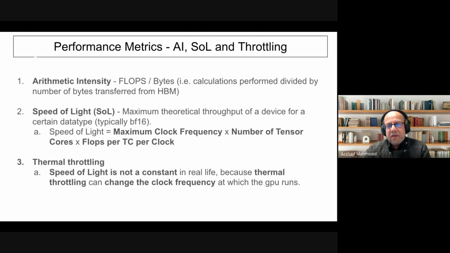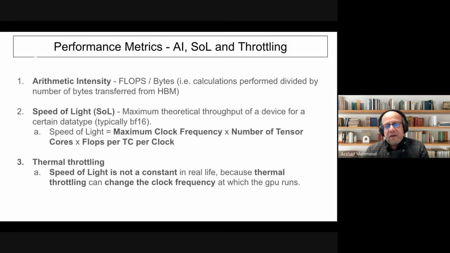Because global memory is so slow, the denominator being larger will really kill your performance. So higher arithmetic intensity means that your kernel is more efficient.